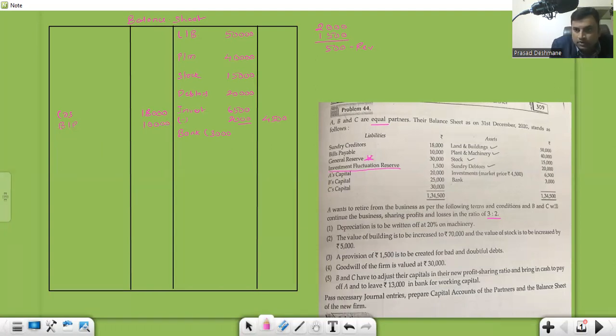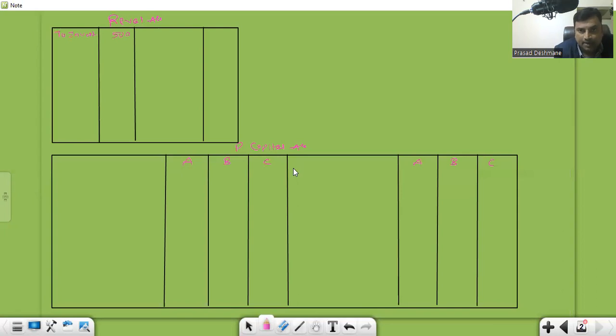Okay. So now in the capital account, first I record the capital balances. By balance brought down, which is 20, 25 and 30. And then I'll write by general reserve also.